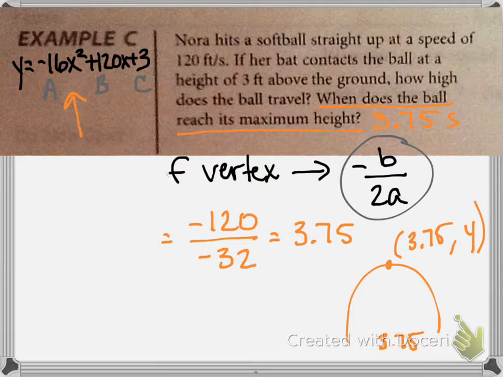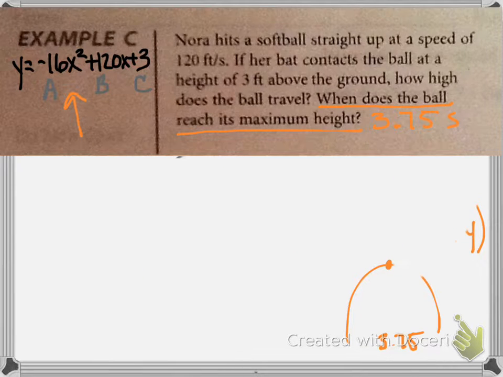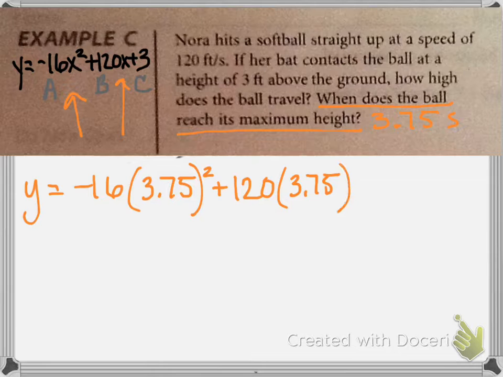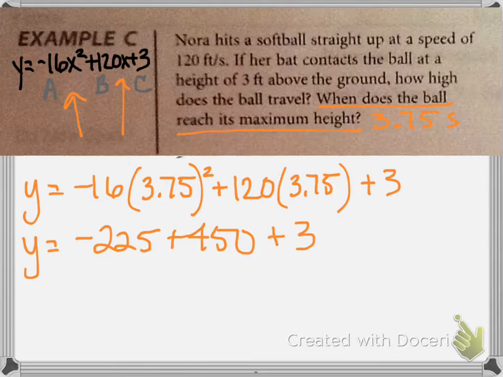Take that 3.75 and plug it in for x in my equation, because x stands for time. So y equals negative 16 times 3.75 squared plus 120 times 3.75 plus 3. Doing some solving, this is negative 225 plus 450 plus 3, which gives me 228 as my answer. So that answers how high.